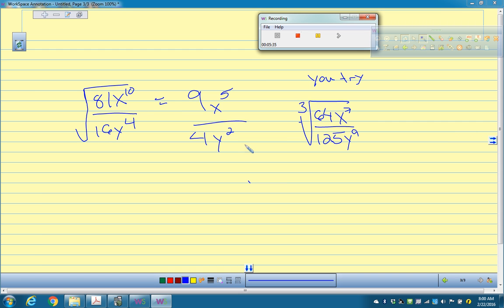Yep, that's correct. Wait, I think you have to leave something in the box. What's the cube root of 125? Yeah, that's right. 9 to the 6th, that part's wrong. You're missing something.